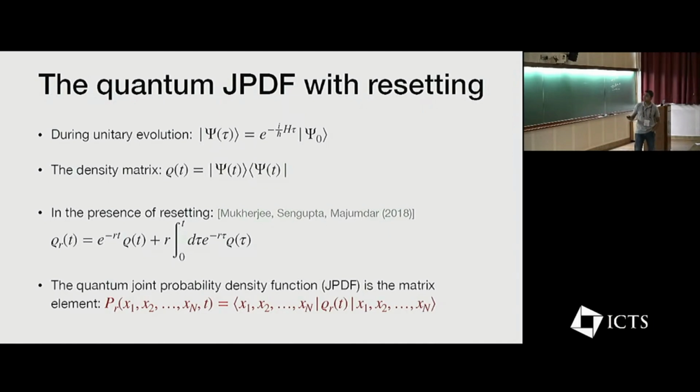Given this density matrix, under this instantaneous intermittent resetting, you can write down the density matrix for the system, which is given by this one. Of course, the position distribution is just the diagonal element of the density matrix.